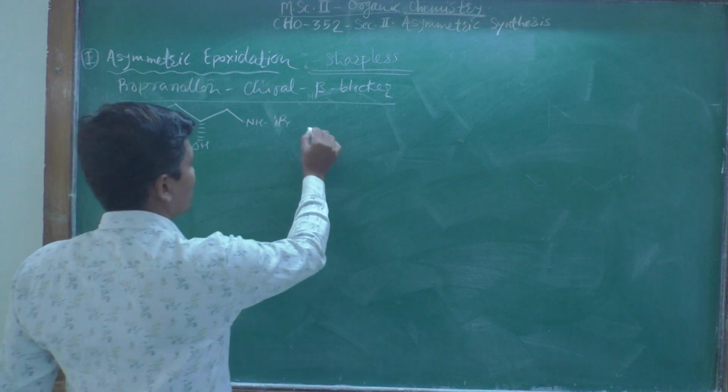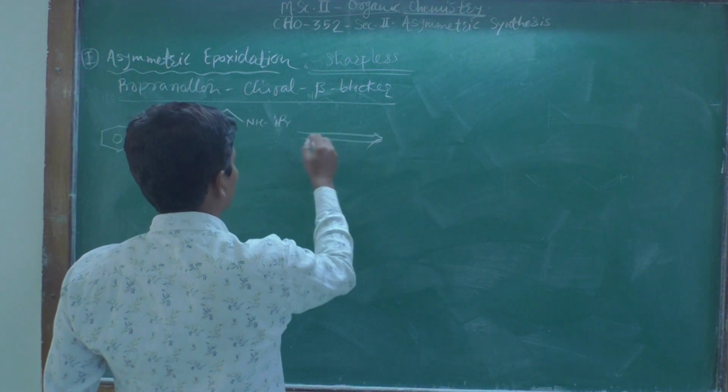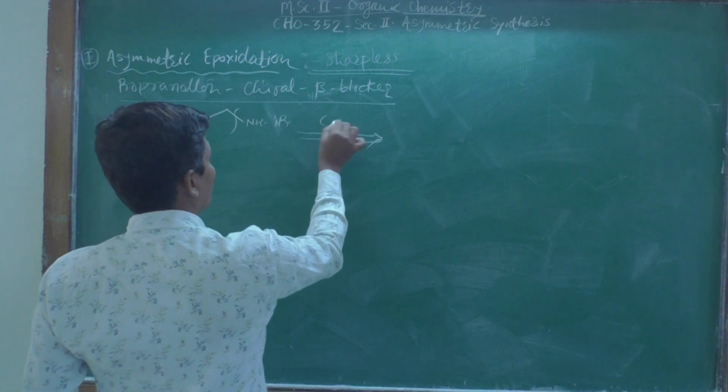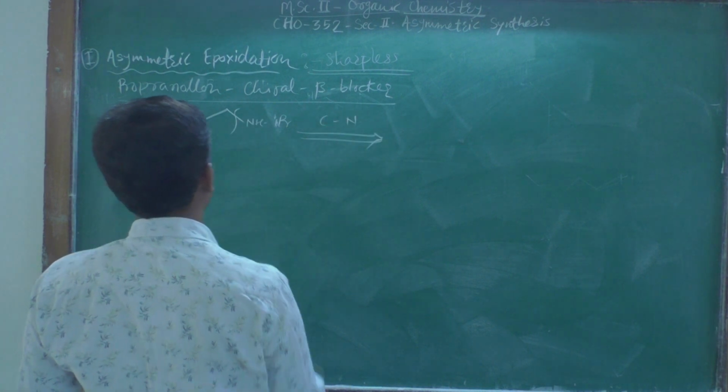Now when we do a retrosynthesis of this molecule by breaking this CN bond, carbon-nitrogen bond, then what will happen?